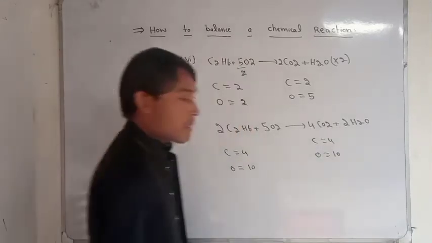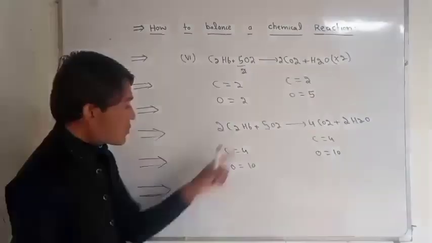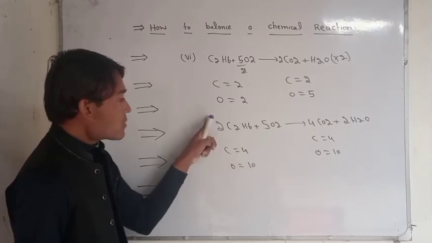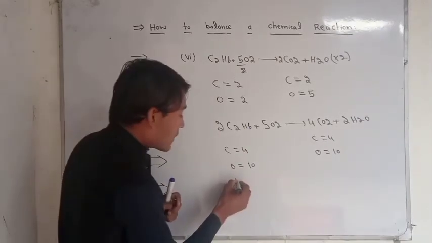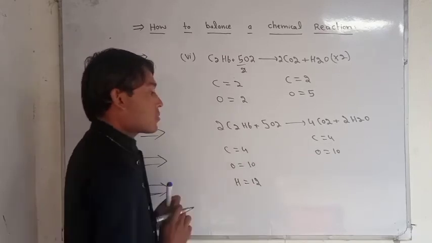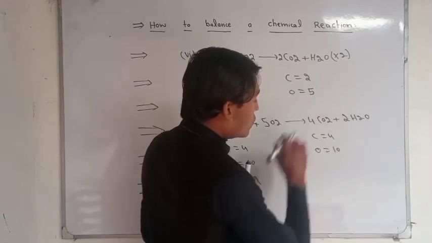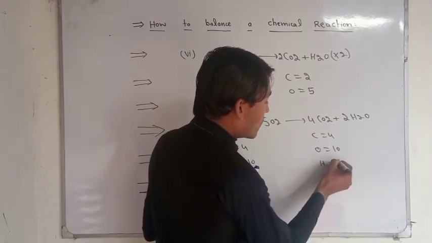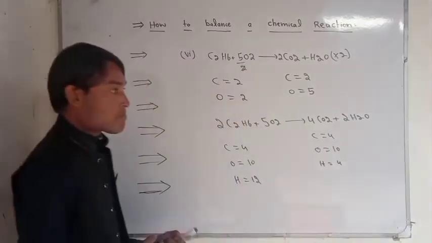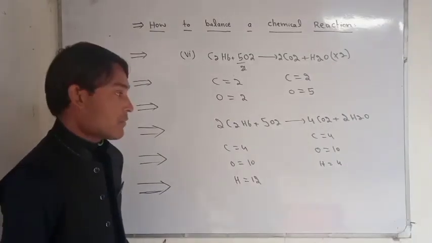Now the number of hydrogen on the left side is 2 sixes, that is 12. On the right, we have 2 twos, so the number of hydrogen is 4. Again it's not balanced.